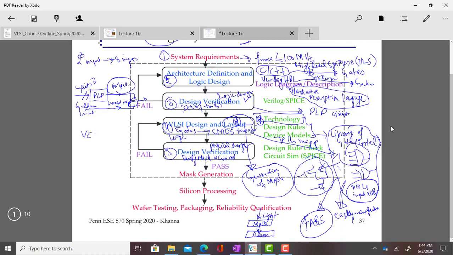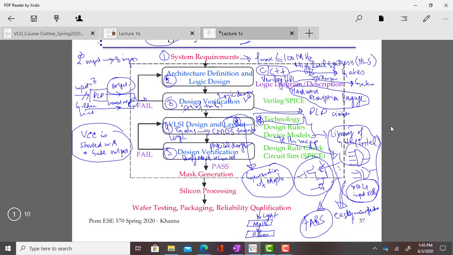So again, this mask is verified, and what can happen to the mask? For example, maybe the mask has a VCC which is shorted with a gate output, and this is what you don't want. But maybe in the process of generating the mask, this happened for some reason.